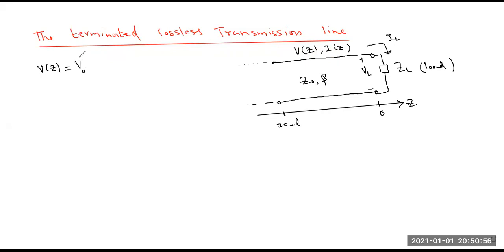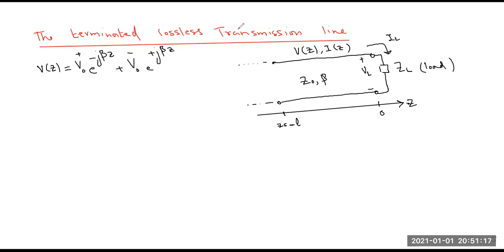So V as a function of z is represented as V naught plus e power minus j beta z, which is representing a forward wave, and V naught minus e plus j beta z, which is representing a backward wave.